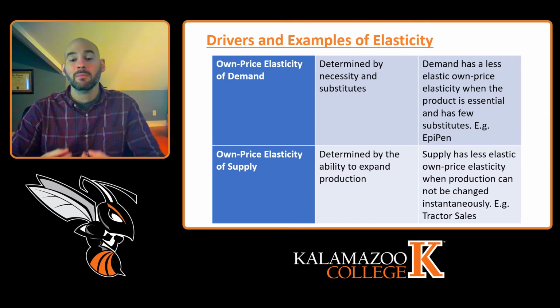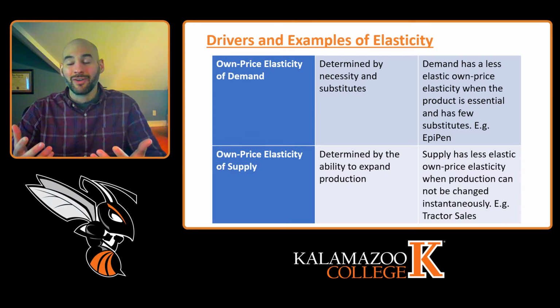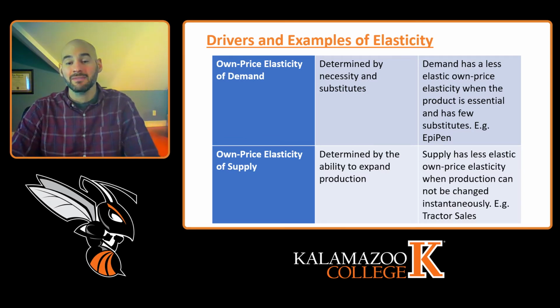Because these are such high margin, high profit pieces of equipment and goods that are bought relatively few times by an individual over the course of their life, or not at all if you're not a farmer, there's going to be slower, longer turnover of this equipment on the lots of the salespeople. And they are not going to be able to really get rid of these tractors relatively quickly. And so the quantity supplied is going to be less responsive to a change in the price of those goods.